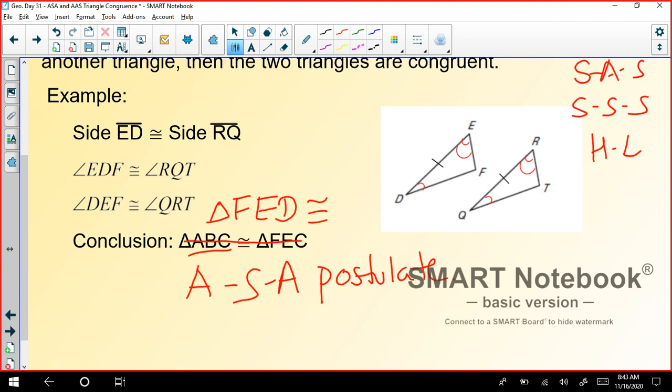So here I should have angle T, and E has two arcs, so R has two arcs, and D has one arc, Q has one arc. So this will be one of the correct answers of congruency. Okay, by the ASA postulate you can conclude triangle FED is congruent to triangle TRQ. Let's see the next slide.